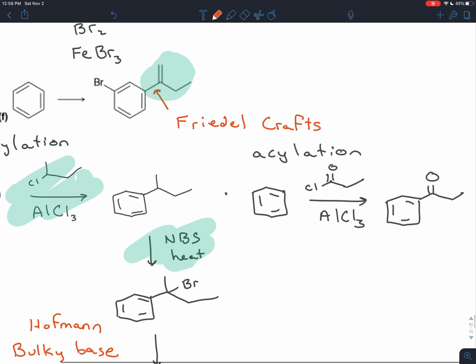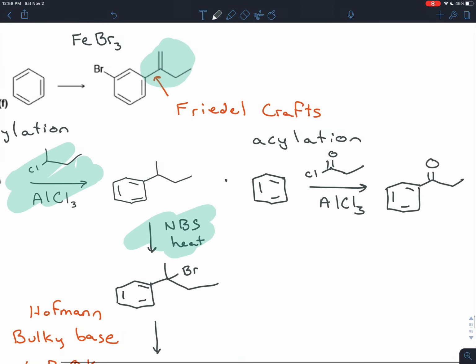And if you compare, we just need to turn this oxygen into a CH2. You could actually do that in one step, right? That would be forming a new carbon-to-carbon bond here, and there are very few ways to do that. If you want to form a carbon-to-carbon double bond, that's a sign that you'd want to do the Wittig reaction.